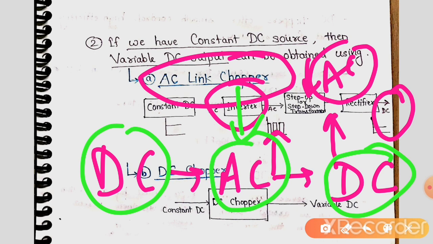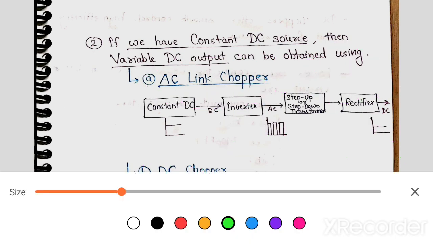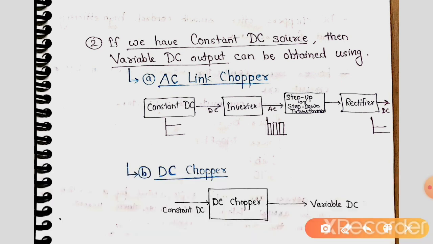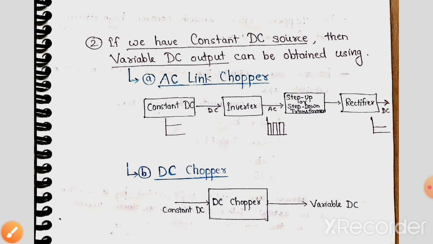It is not very efficient because we have a two step conversion: first converting DC into AC and then again AC into DC. So the other method is using a DC chopper or DC link chopper, where the output DC is obtained directly from the constant DC input. Let's see how this is done.